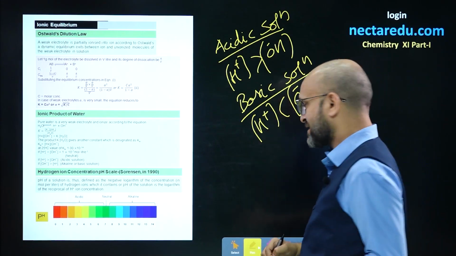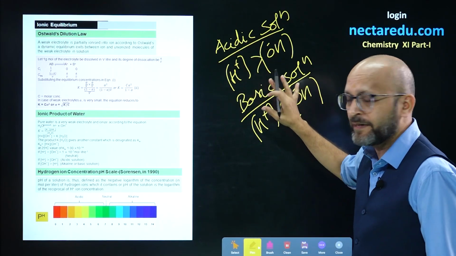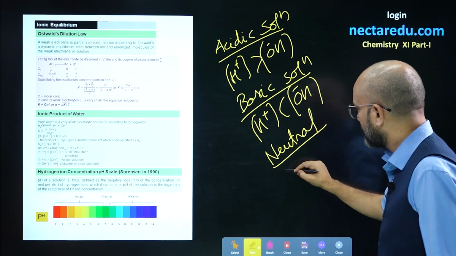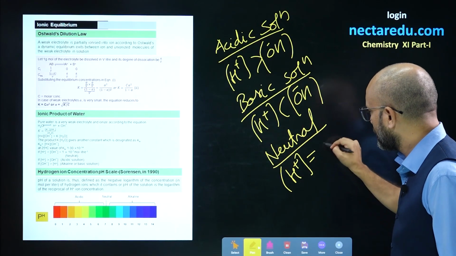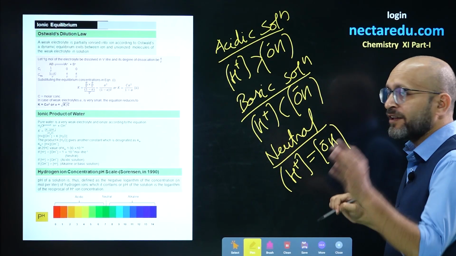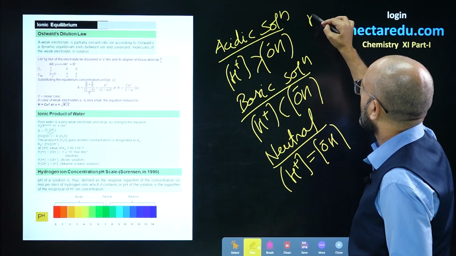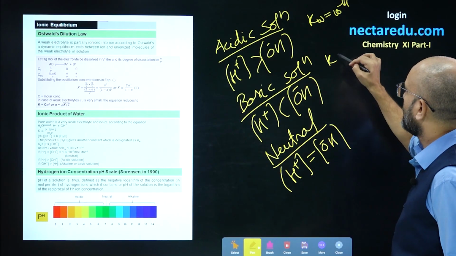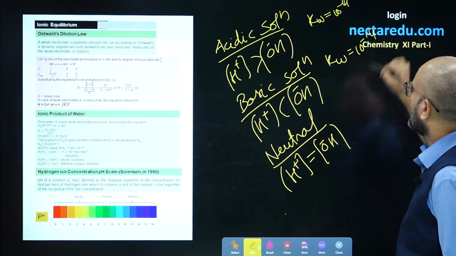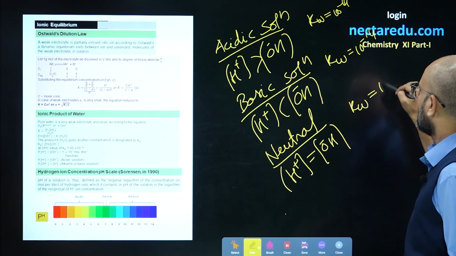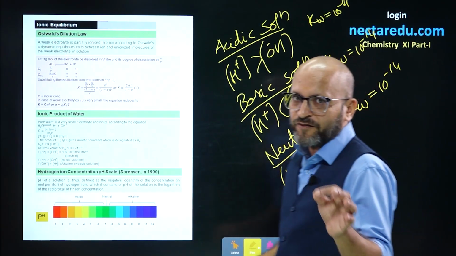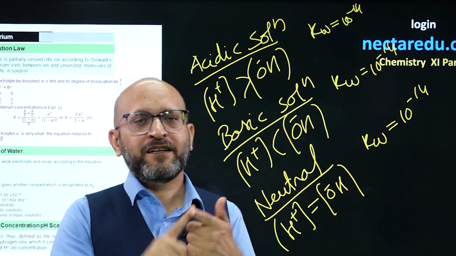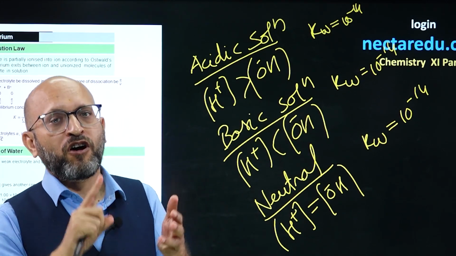But the interesting thing is that, whether acidic, basic or neutral, the ionic product of water Kw will be 10 to the power minus 14. That means the product of H plus concentration and OH minus concentration does not change.